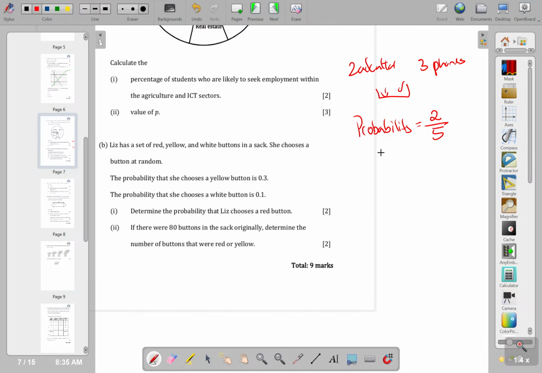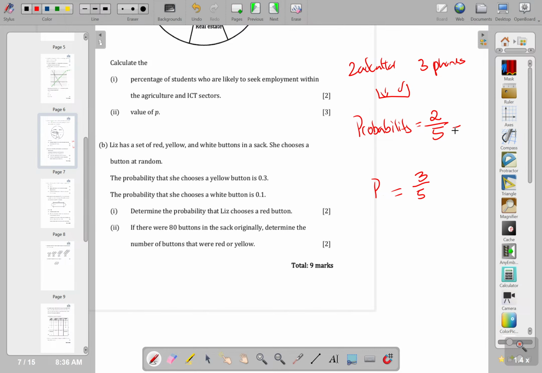What's the probability that I pull a phone? Well, there's 3 phones in the bucket out of the 5 objects that are in the bucket. That's how you find the probability of me pulling a phone. So that's what probability is in a nutshell. It's a chance of you doing an action or pulling something based on how many things are inside of there.